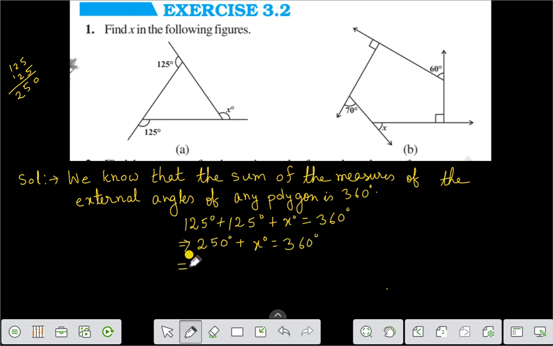Or you can write here x degree is equal to 360 degree minus 250 degree. If we subtract, 360 minus 250, we get 110 degree. Therefore, the value of x degree is equal to 110 degree.